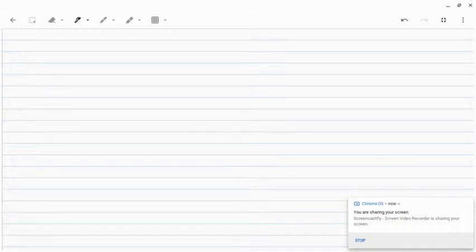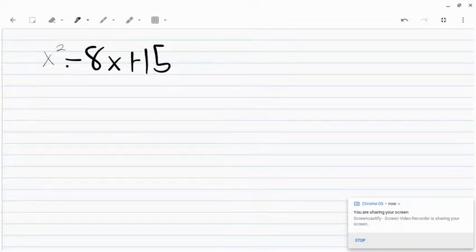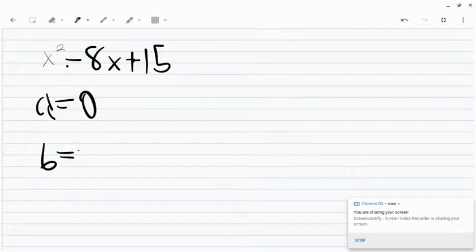So x squared minus 8x plus 15. A equals, in this case, 0, because there's no number in front of x squared. B equals negative 8, and C equals positive 15.